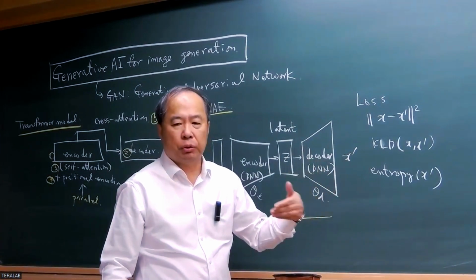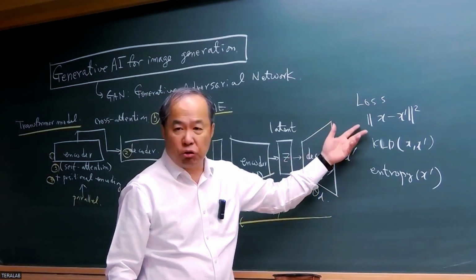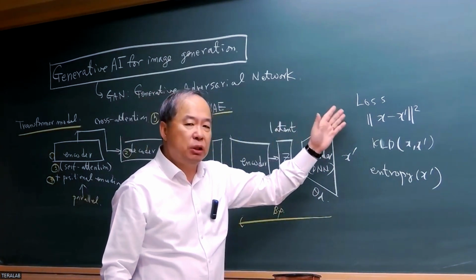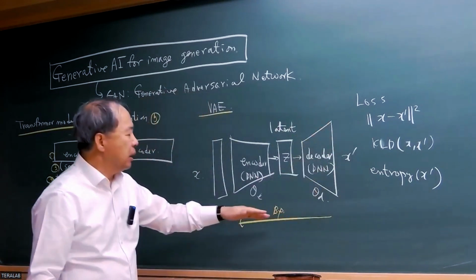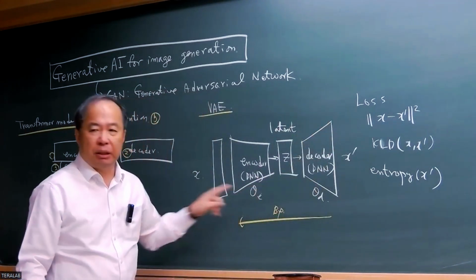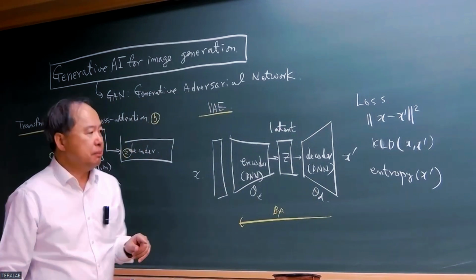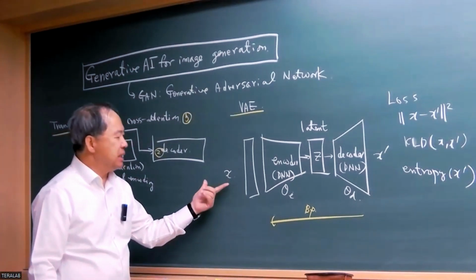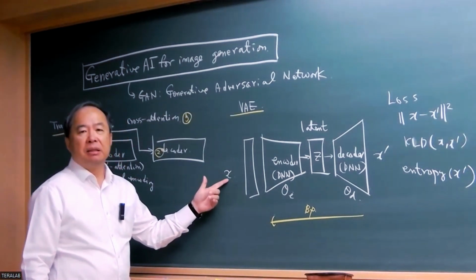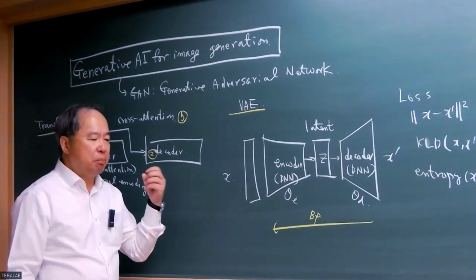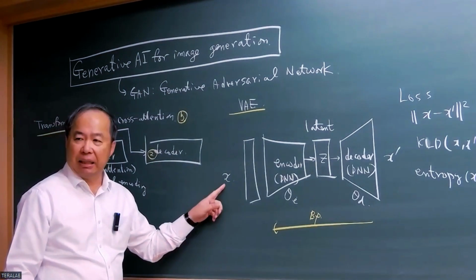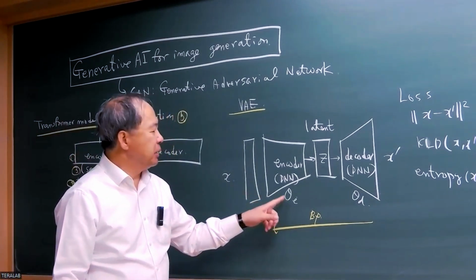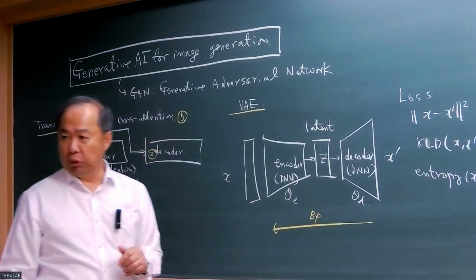Sometimes entropy, or sometimes KL divergence, or sometimes mean-square errors. By combining some of them, we can define loss functions. By doing the gradient descent method, we can update decoder parameters and encoder parameters. Of course, we may need many different testing sets or training sets of X. So probably we may need millions of training samples to train the model parameters of the encoder and the model parameters of the decoder.